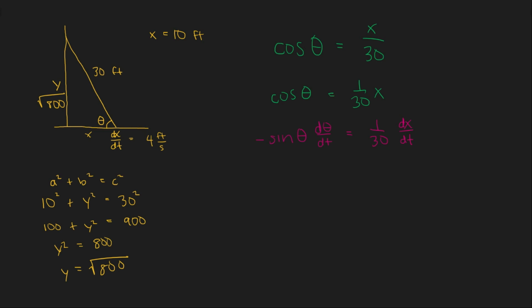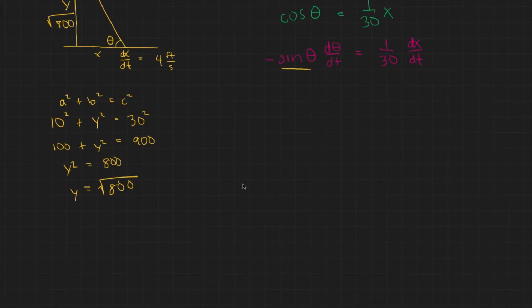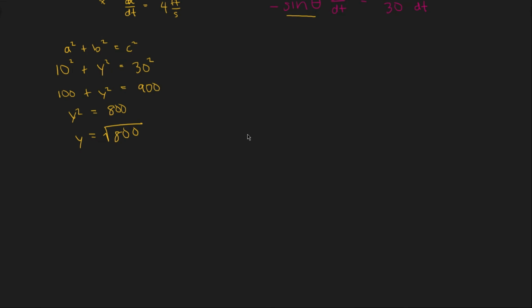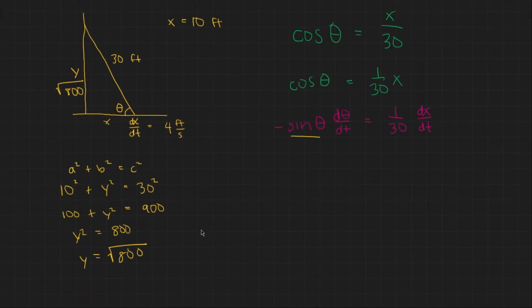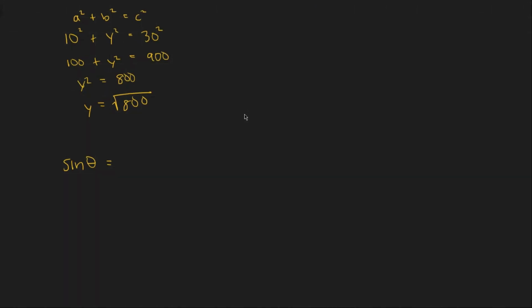So now we have the information that we need to find what sine theta is. So I'm going to scroll down a little bit more just so that we have room to write. So sine theta is going to equal, sine is opposite over hypotenuse, so it's going to be root 800 over 30.